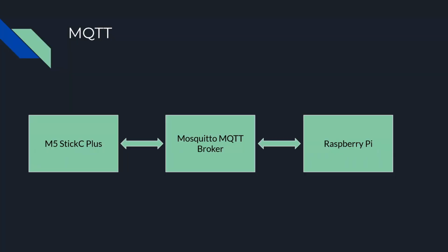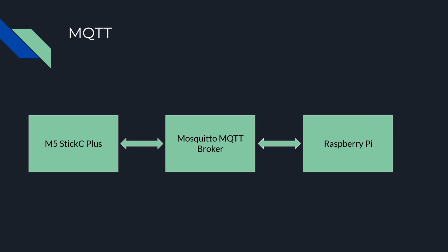To better illustrate how the MQTT clients are connected, this is a diagram which shows the connections between them. The Raspberry Pi server is listening for the following topics, which are status, responses, and audio.